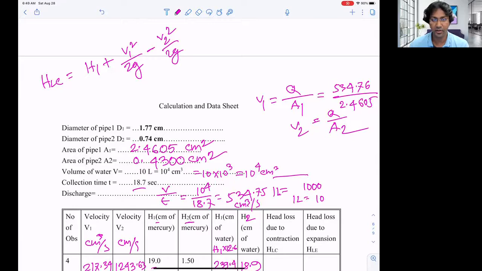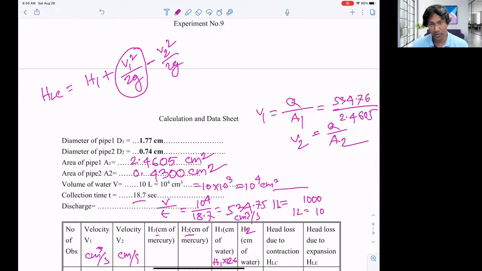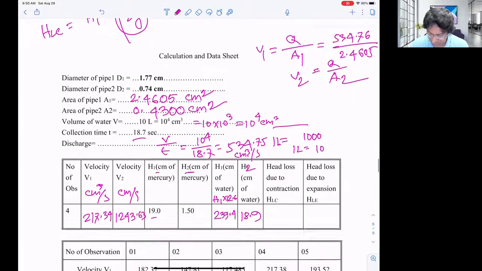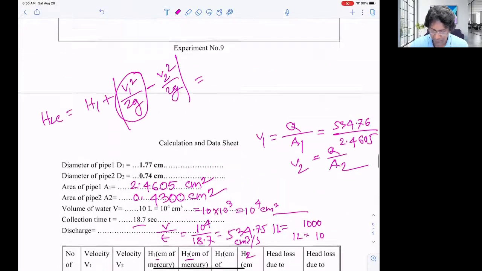But head loss won't be negative. So that's why they excluded that part, and they use only V2 and multiply this by that coefficient. But what we can do is take the absolute difference between these two.